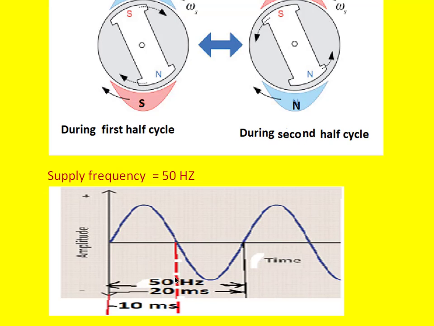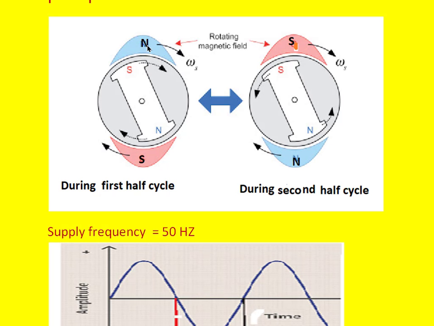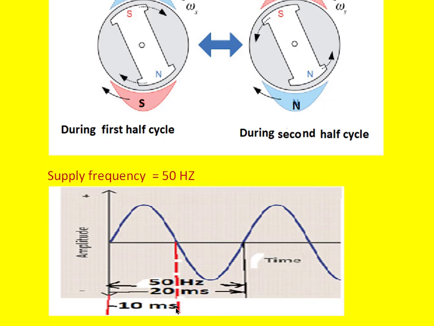For a half wave, we get 10 milliseconds. The stator magnetic field changes its polarity every 10 milliseconds. During the positive half cycle, we find a north pole here, and in the next 10 milliseconds we find a south pole. So 10 milliseconds is a very small time.